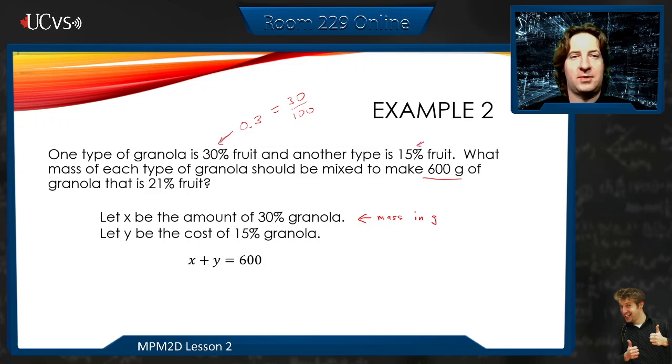Similarly, 15% is 0.15. Okay, so if I multiplied 0.3 times how much of the 30% granola, let's say I have 300 grams of the 30% granola. I don't know if that's the answer, but that's just picking a number less than 600. Let's say I have 300 grams.